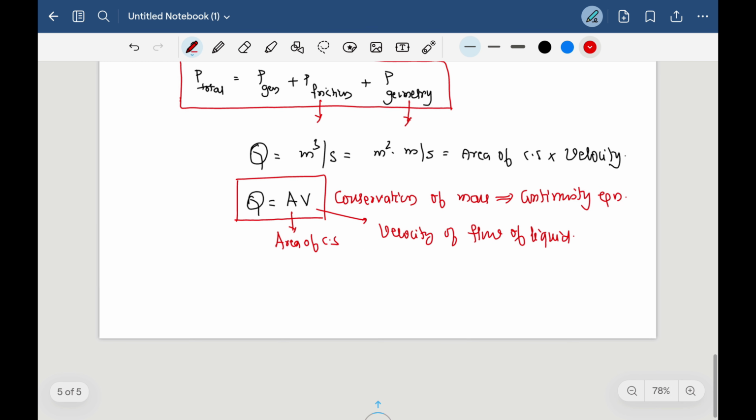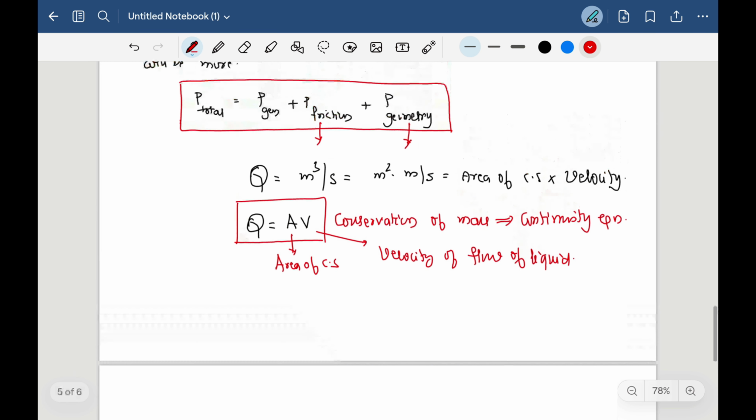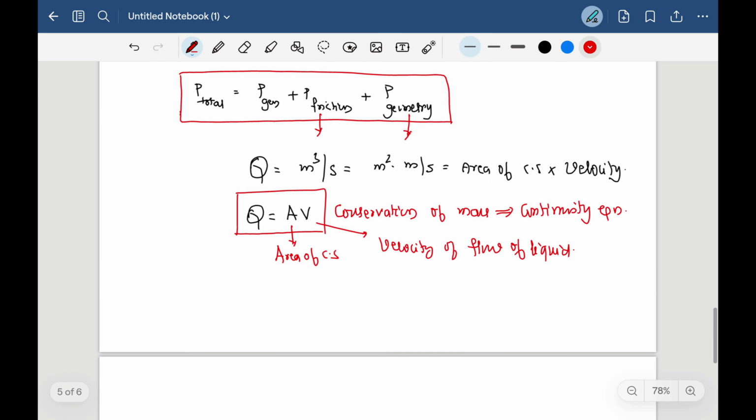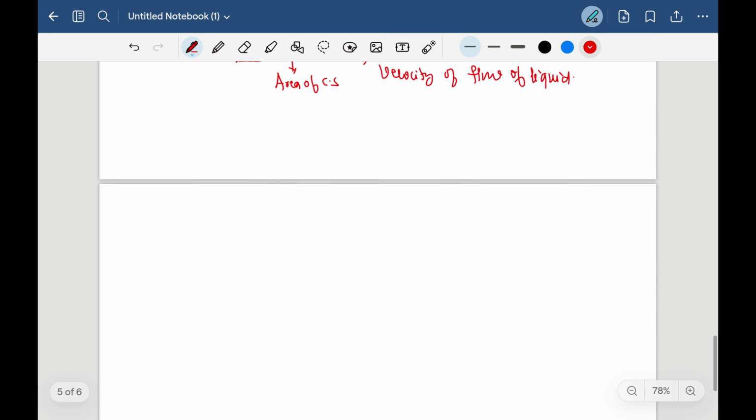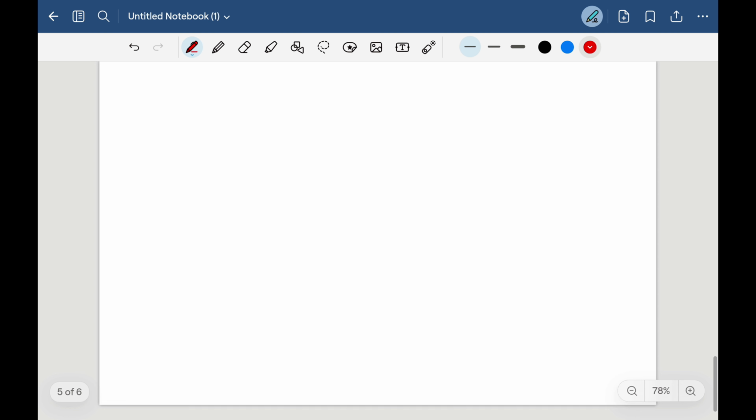Now you just see how many formulae we have derived. Power is equal to rho Q GH. What is Q? Q is equal to AV. So rho AV GH. Please try to remember this equation.